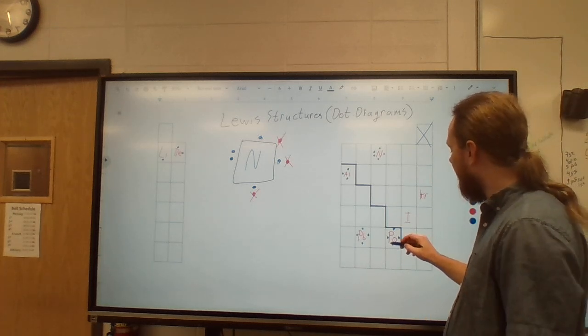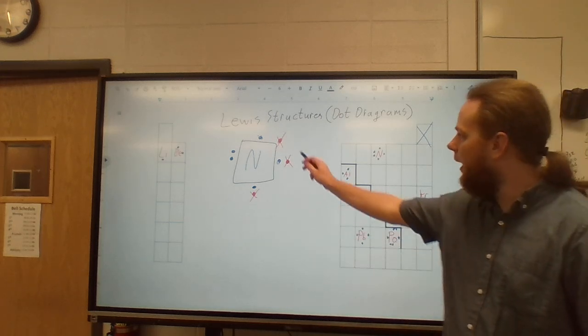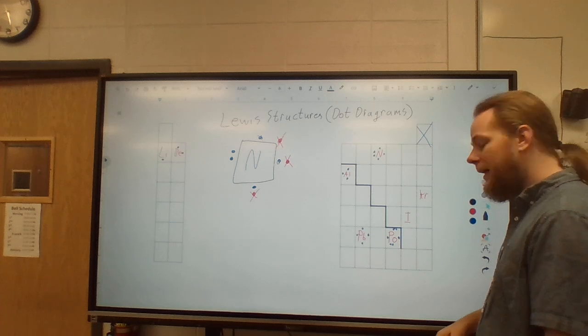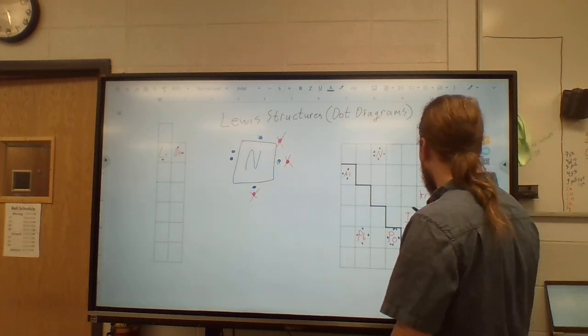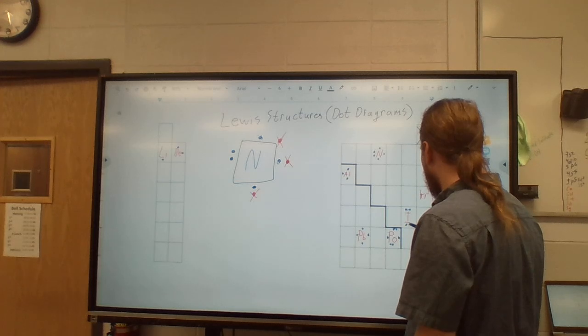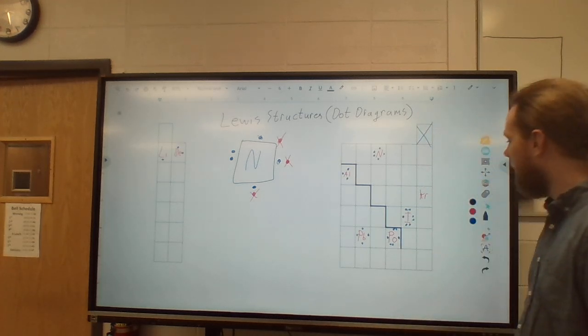So again, it doesn't matter which sets you are pairing, so long as you are not doing any of these things. Iodine's going to have 3 pairs and 1 by itself, so I'm going to put 1 pair on top, 1 pair on bottom, 1 pair on the right, and then solo on the left.